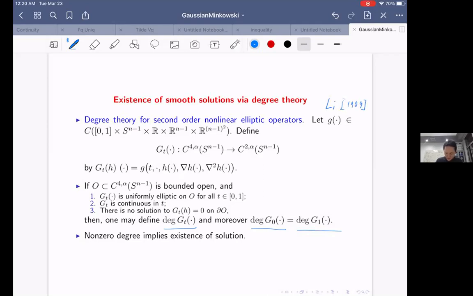And in his paper, he also provided some computation method of the degree of some special operators. Another important fact is that a non-zero degree will imply the existence of a solution. That means if you can compute the degree and it is not zero, then there is a solution of G(h) equal to 0.